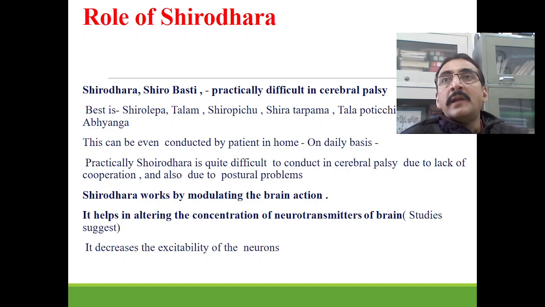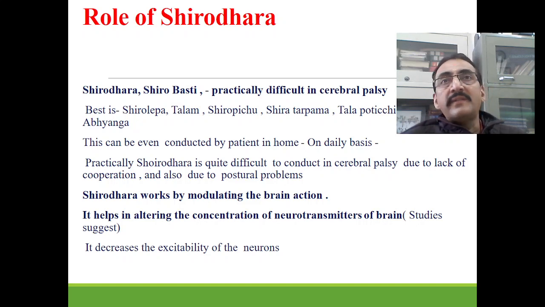That means the parasympathetic nervous system takes care of all these things, while the sympathetic nervous system takes care of emergencies and other things. The parasympathetic nervous system is responsible for sleep, for digestion, for the secretion of many enzymes, hormones and glandular secretions, and also for excretion. So if the patient gets sleep after Shirodhara, it is stimulating the parasympathetic nervous system.